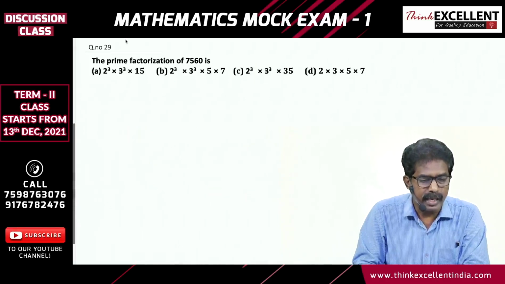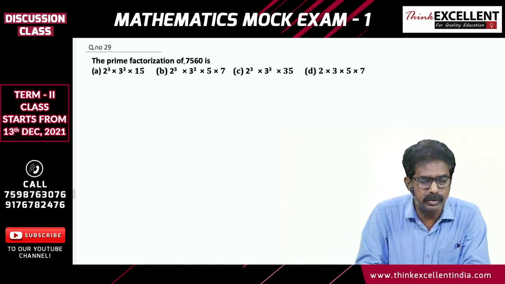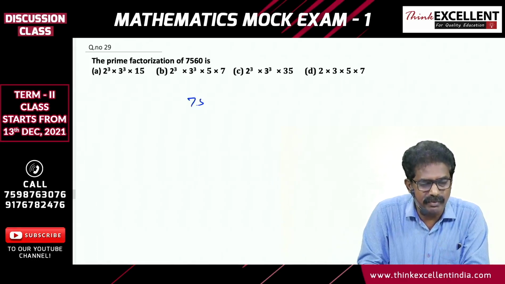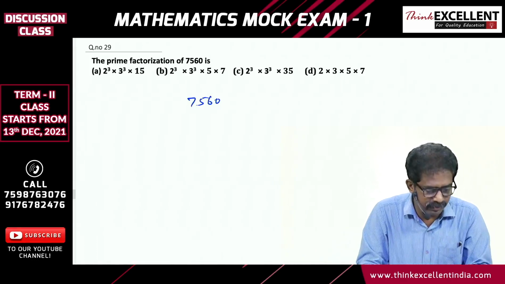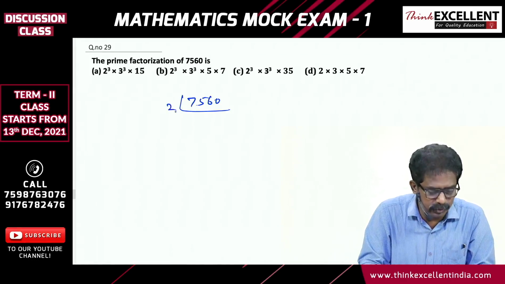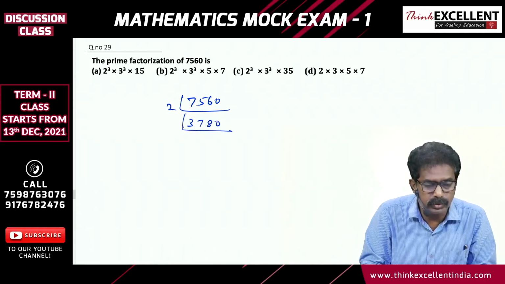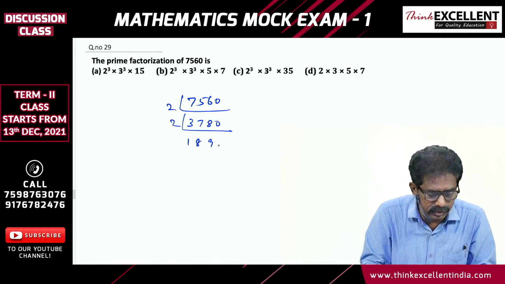Question number 29. Very simple question. Only thing, you do it very carefully. Prime factorization: only by prime numbers you divide. 7560, keep on dividing. 2 table, 3780. Again 2 table, 1890.